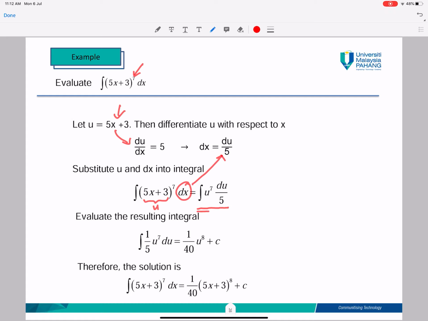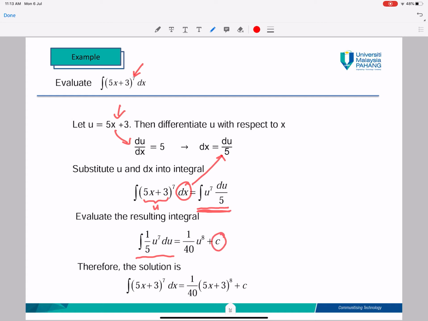And at this stage, the integration problem is now in terms of u, and it is a simple integral where you can integrate by using the basic formula of integration. So from here, we get the integral of 1 over 5 times u power of 7 du, which is equal to 1 over 40 times u power of 8 plus c.